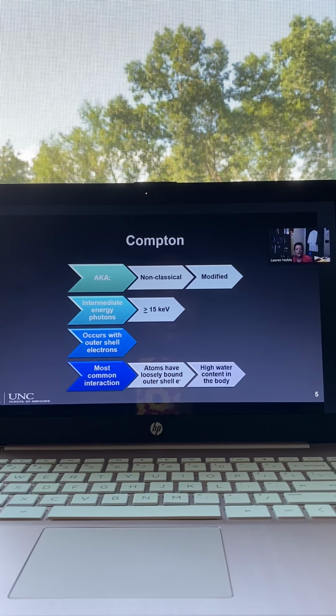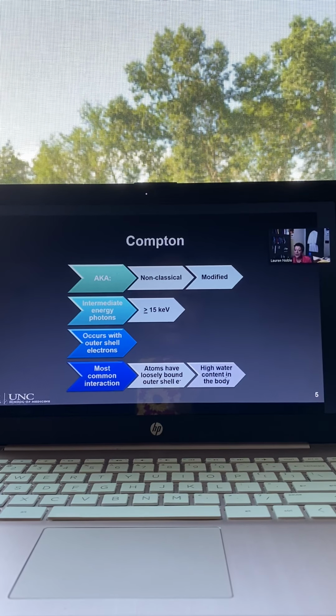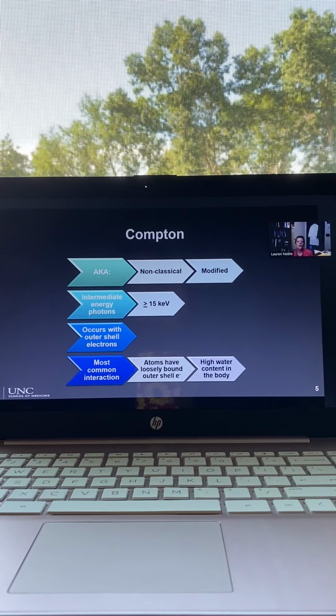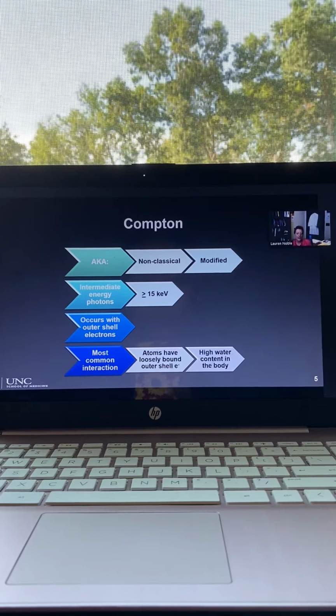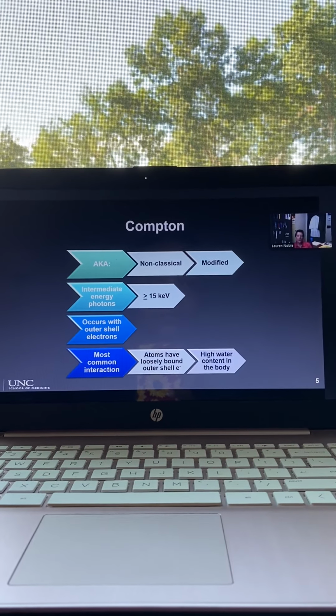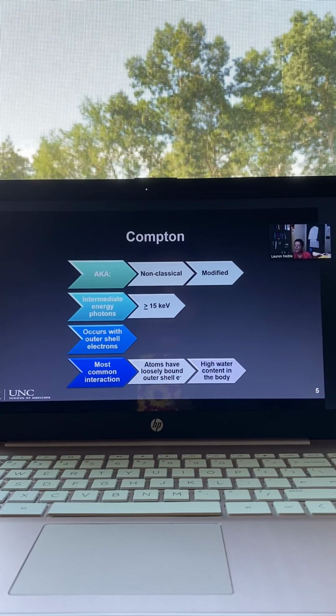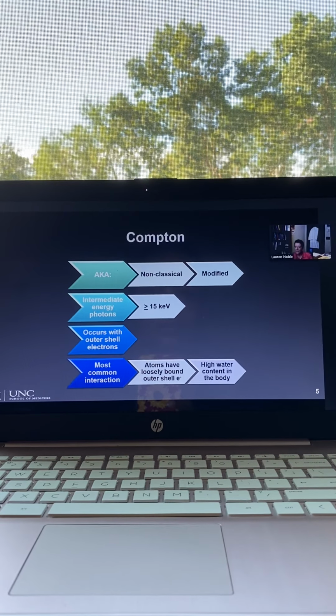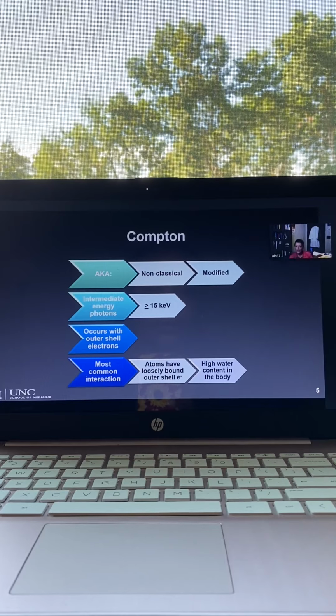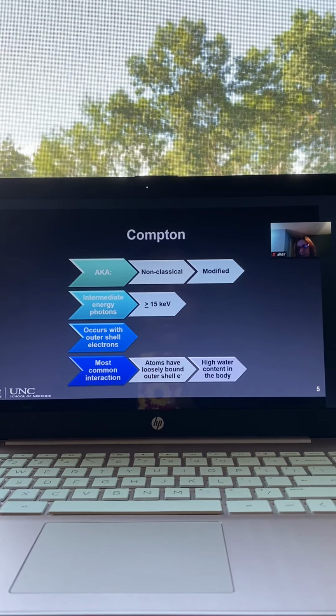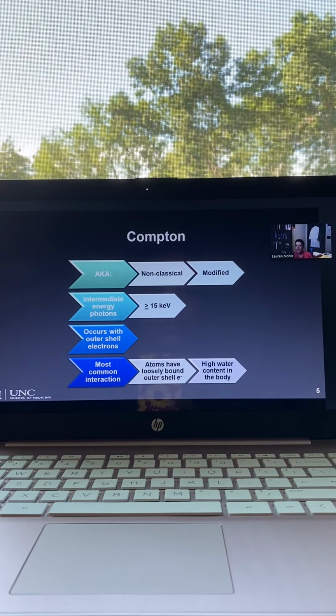Okay? So atoms have loosely bound outer shell electrons, and we have a very, very high water content in the body. Now, when you look at water content, what is water composed of? What molecule is water? H2O. Hydrogen and oxygen, right?